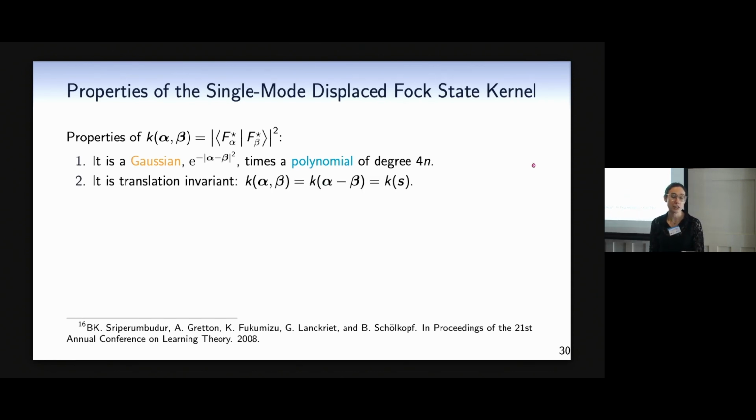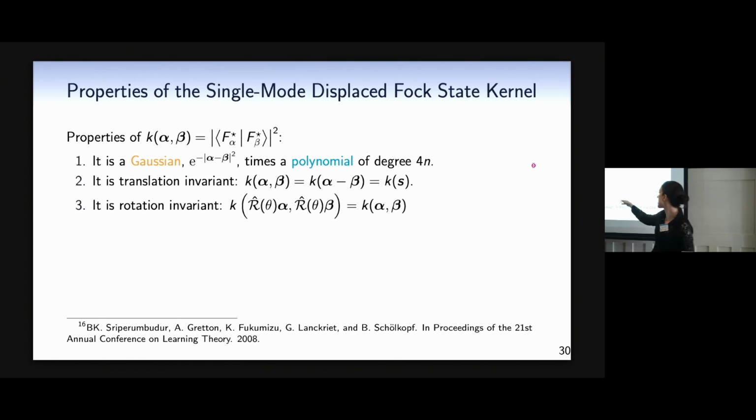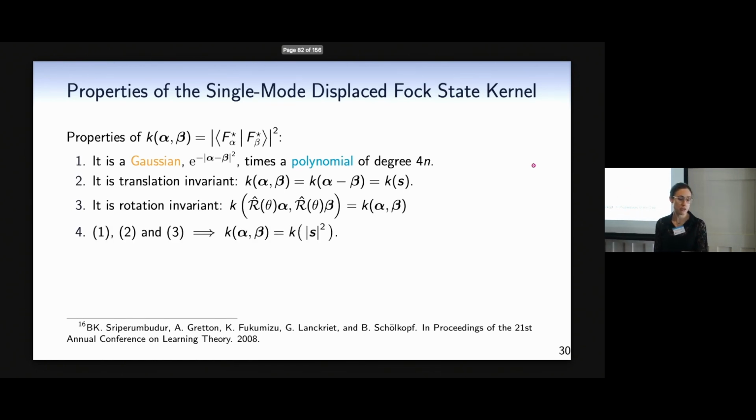It's translation invariant, so you can just write it as the difference between your two vectors. And it's rotation invariant, and by rotation I mean this is just your rotation on the two-dimensional plane. So from 1, 2, and 3, you can actually write your kernel as a function of the magnitude squared of the difference between your vectors.